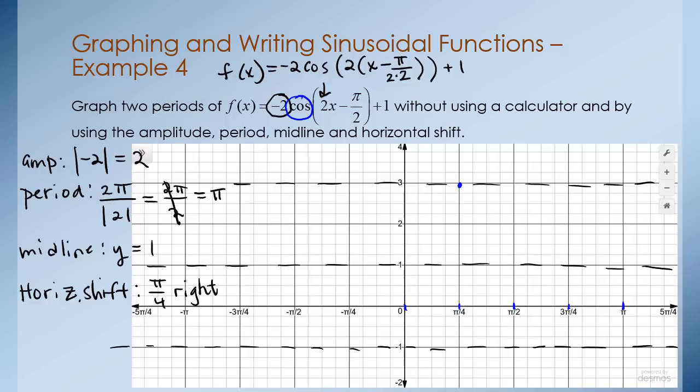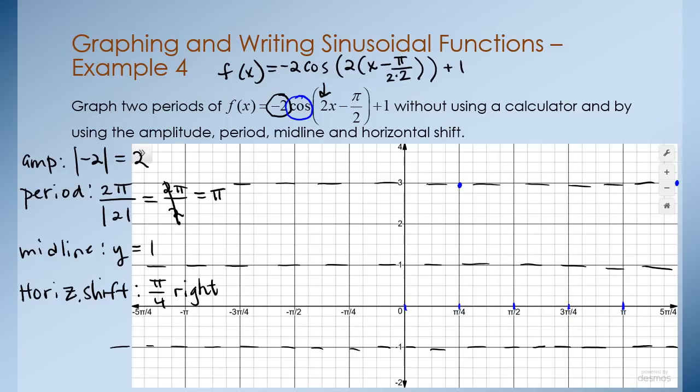And the end of my period is pi, but I moved pi over 4 units to the right. This is going to be a little bit hard to see because I've got an icon there, but I think I can squeeze it in. Hopefully you see that. 5 pi over 4, I'm going to go up to 3. And then halfway between those two values, I'm not at my maximum, but I'm at my minimum.